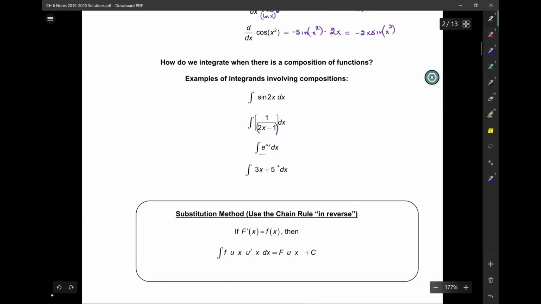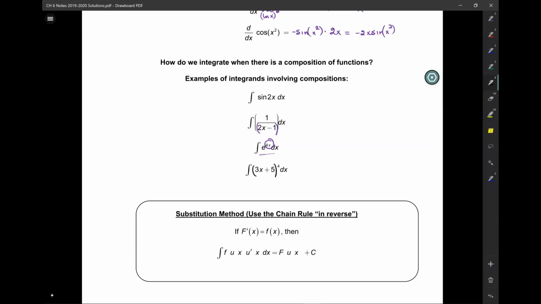This might look like the integral of e to the x, but I have this 4x that complicates things. Here, this should have a parenthesis. This looks like a power rule, something to the power of 4, but inside I have a 3x plus 5.